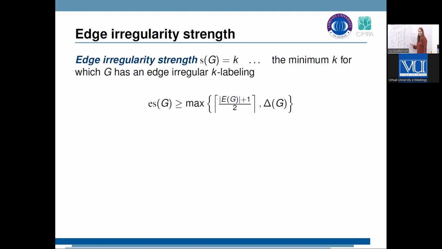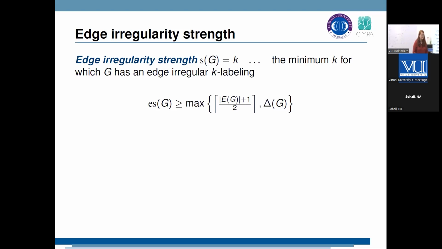The minimum weight for this edge is 2, and we get it by giving 1 here and 1 here. Then, if you would like to have 3 here, the only way to do it is to increase the vertex label, so it must be 2. Then, if you would like to get 4 here, we cannot change the label of the central vertex, so this one is 3, and so on.